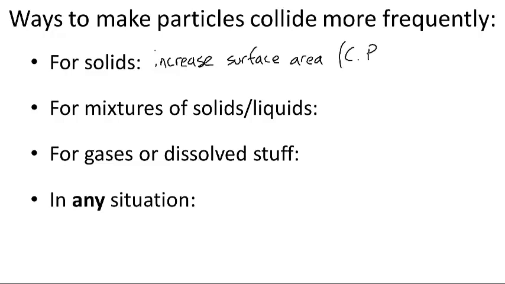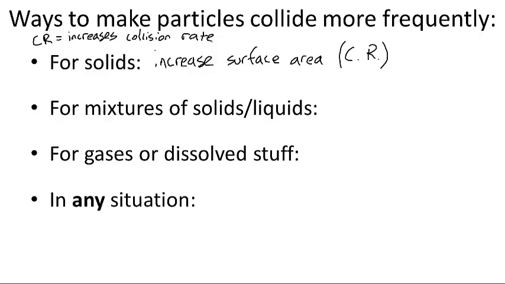So I'm going to code these by, here, I'll put it up here. CR means increase the collision rate. Oh yeah, sorry, I had it at the top of the slide already. Make particles collide more frequently. So we can increase the surface area, which will increase the collision rate.